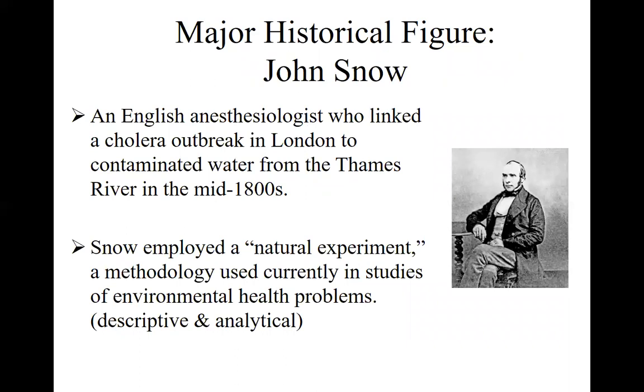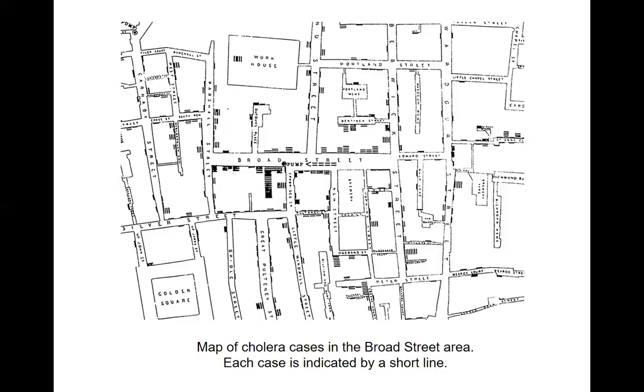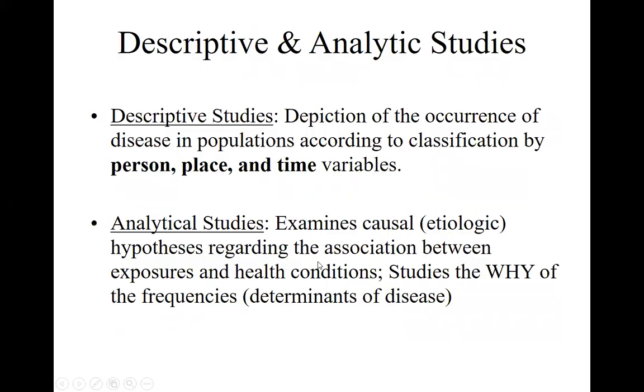He also used both descriptive and analytical approaches in his study. So this is a map that he had created, and he mapped the different cases here. These were the number of cases of cholera, and this was where the water was accessed from. So this is how he used both descriptive and analytic approaches. In descriptive studies, you're looking at the occurrence of disease in populations by classifying things by person, place, and time.